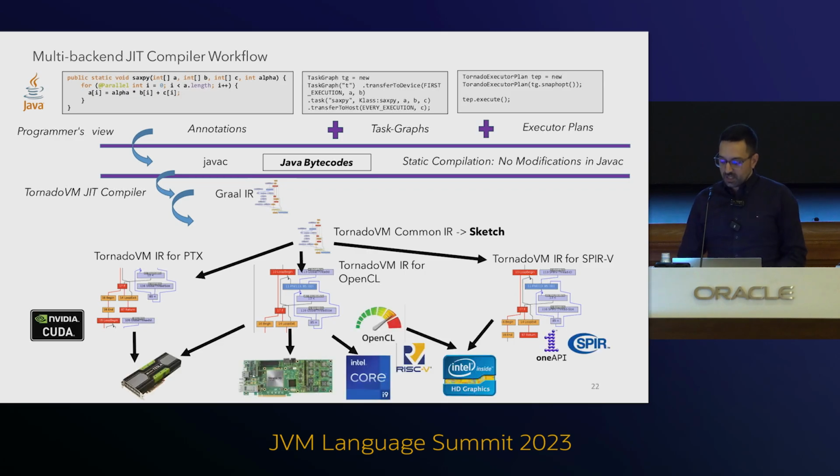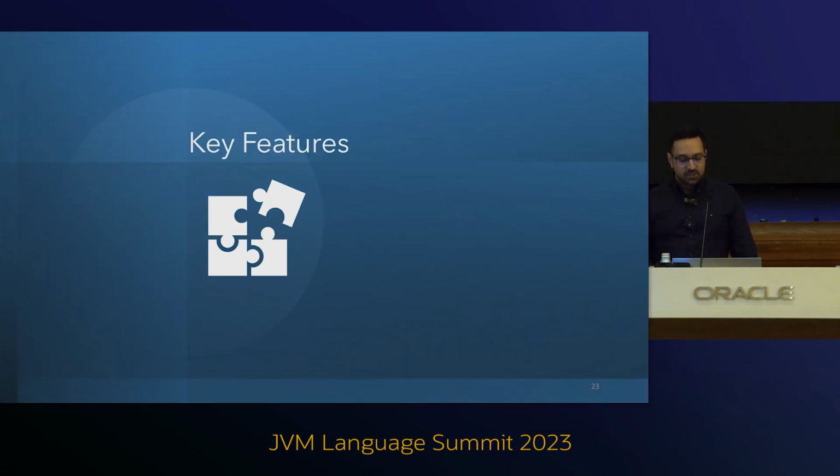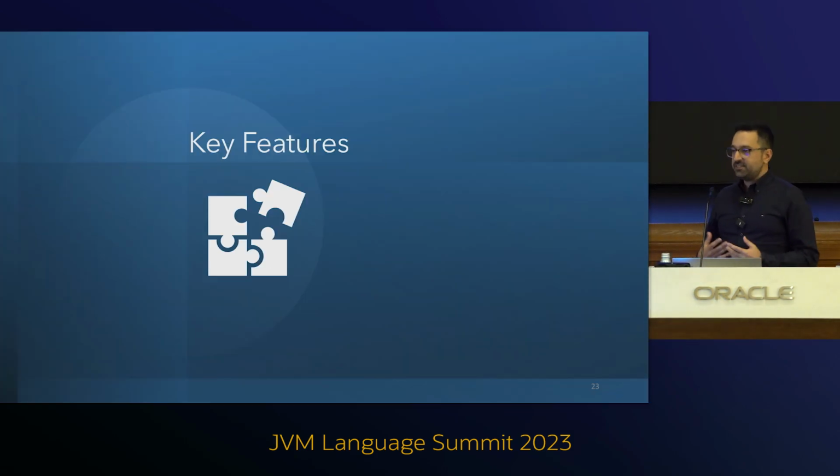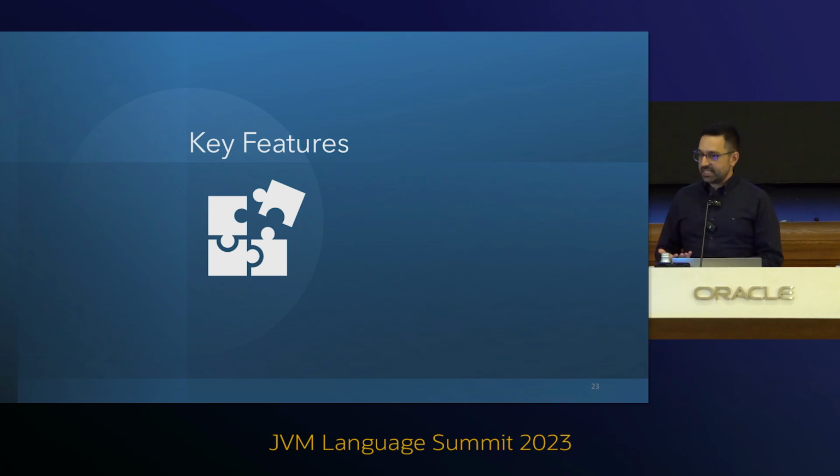So we generate SPV binary code, and then we dispatch that code through the corresponding low-level APIs. In this case, one API called Level Zero. And we can compile the same method for different backends, right? Multiple times even.